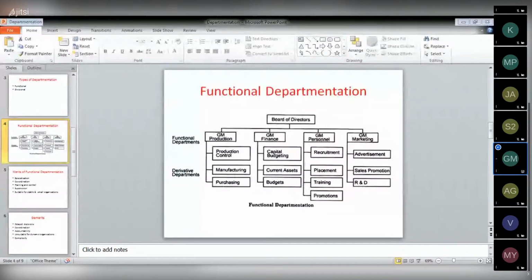So, accountability. When you are managing your own department and you are accountable for your own activities, there is the issue of coordination.